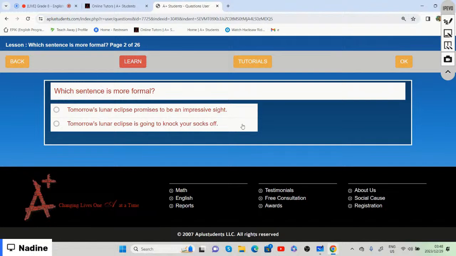So we need to say which is more formal. And the one that is more formal is the first one, right? Because the second one, it says knock your socks off. Yes, you want to describe it. However, you are using idioms, right? Which is more informal.